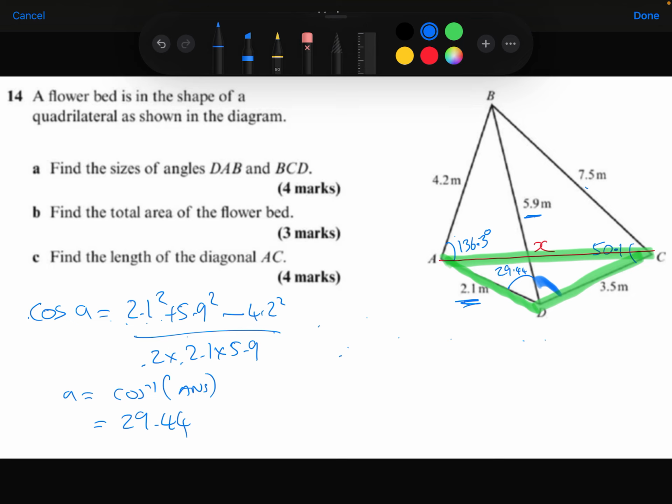I'm now going to do a similar thing for the blue angle. So cos, we'll call this one B. This time it's going to be 3.5 squared plus 5.9 squared minus 7.5 squared, divided by 2 times 3.5 times 5.9. So in this case here, it has to be the 7.5 that I'm subtracting because that's the side that's opposite the angle I'm trying to work out.